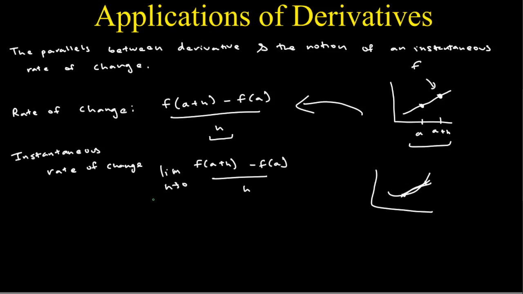This whole idea is the idea of the derivative: the slope of the tangent line at that point. This is the definition of the derivative of a function at point a. So we can see the parallel between the derivative and the notion of an instantaneous rate of change. In fact, the derivative at a certain point describes the slope of the tangent line at that point, and that is the instantaneous rate of change at that point.